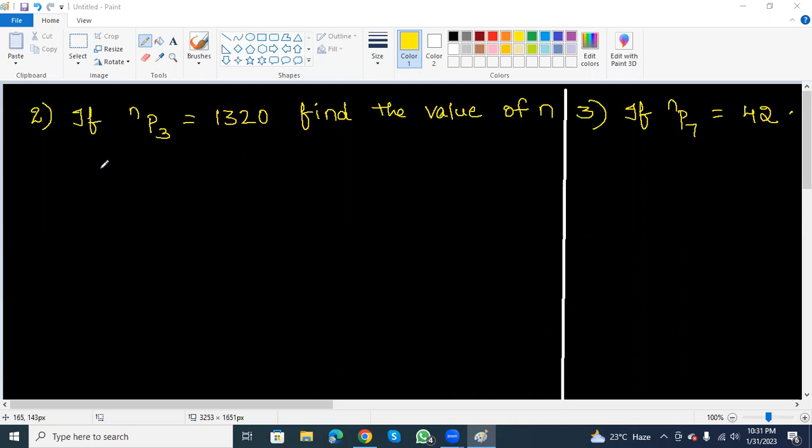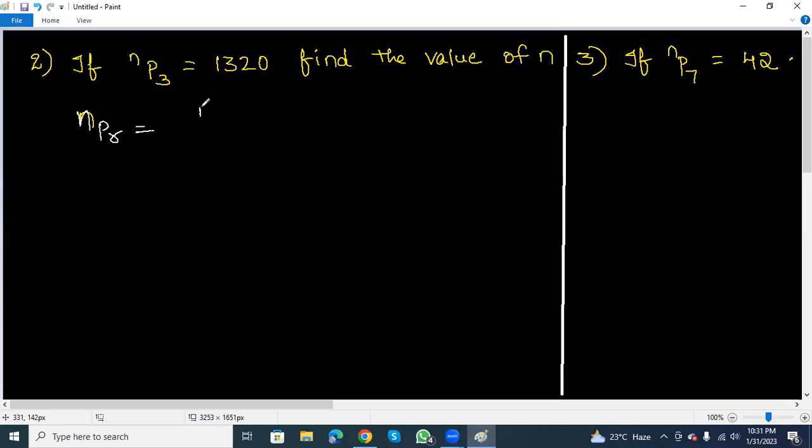So let's recollect the property of nPr. nPr is equal to n factorial by n minus r factorial.